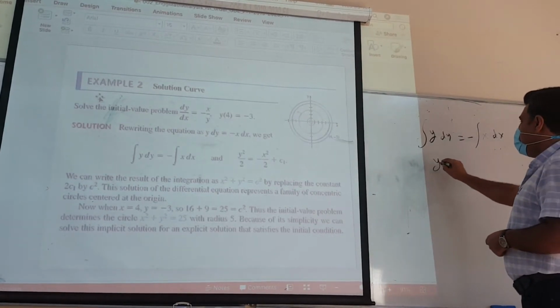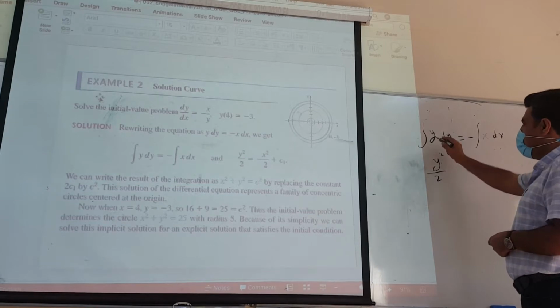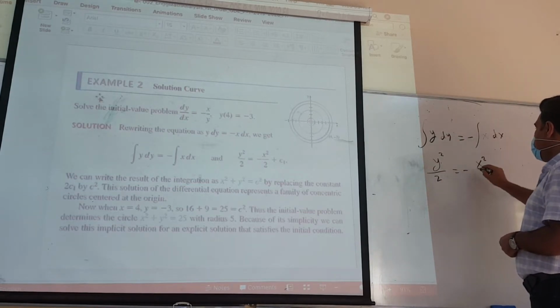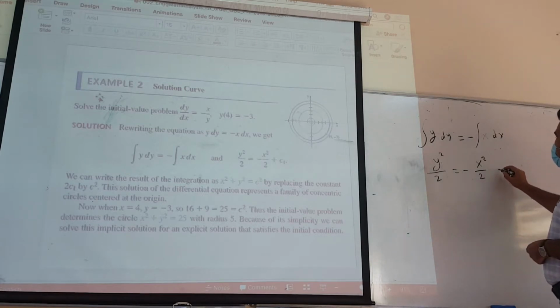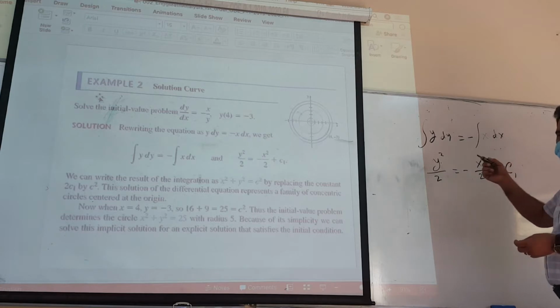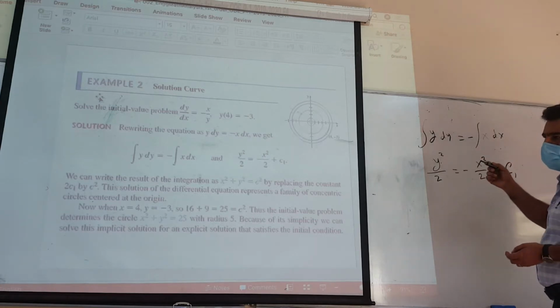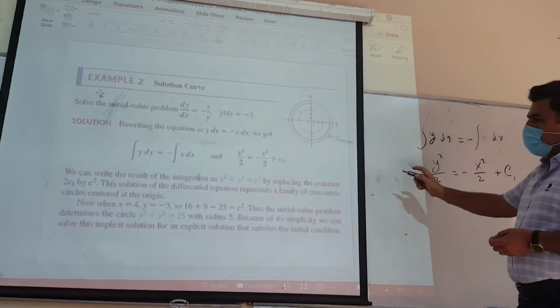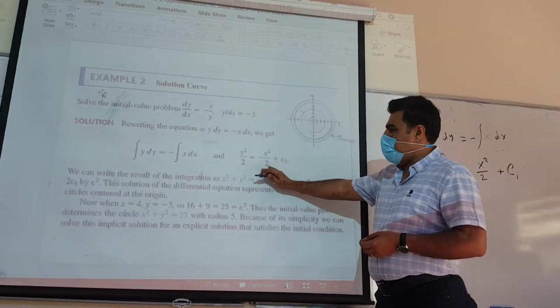This will be y squared over 2, the integration of y, and then minus x squared over 2, and then we will have a constant, c1, c2. It will not make any difference. So, this is mainly the idea up to here.